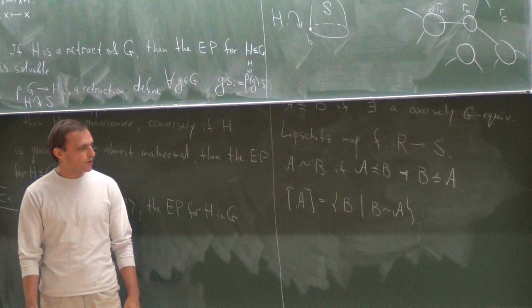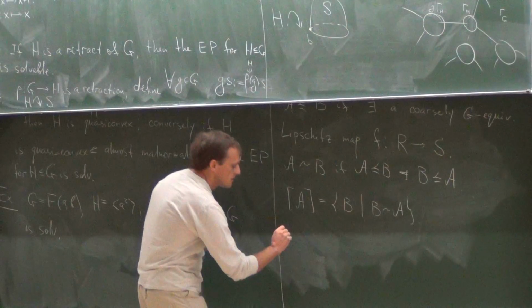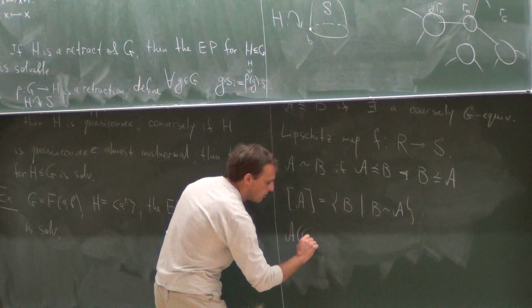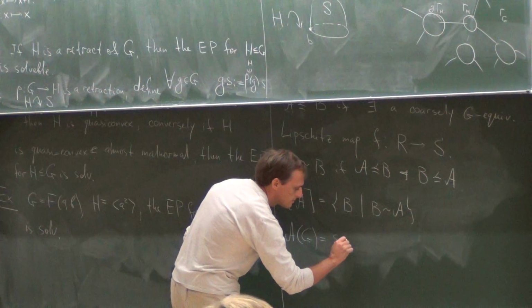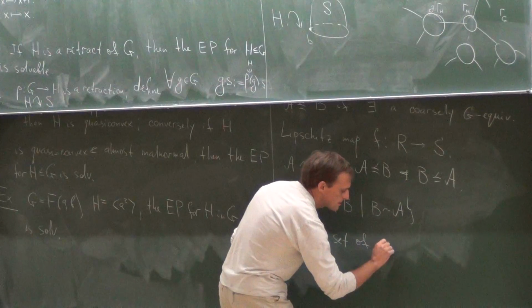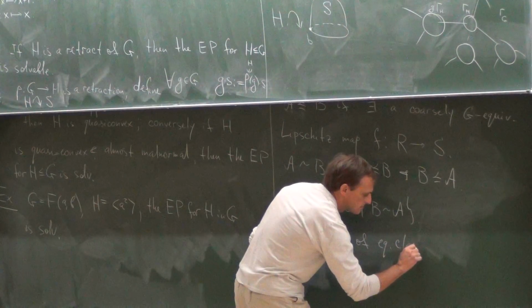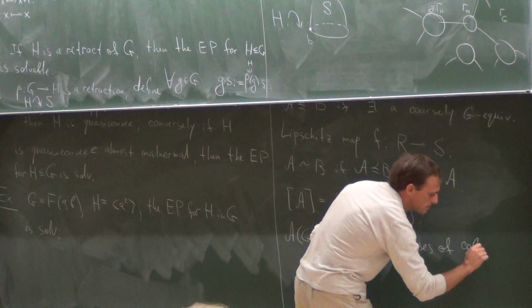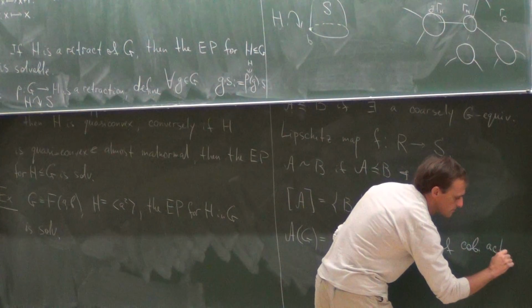So now on the set of equivalence classes, let's call it A of G, that's the set of equivalence classes of co-bounded actions.